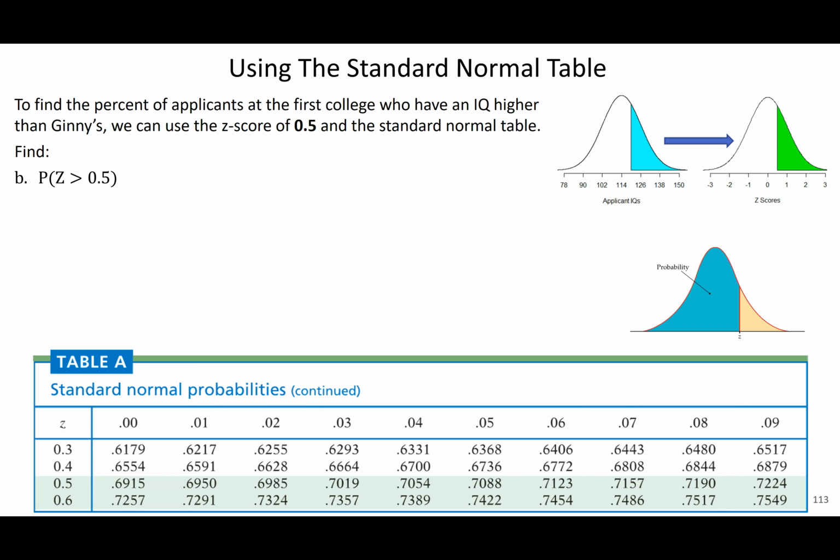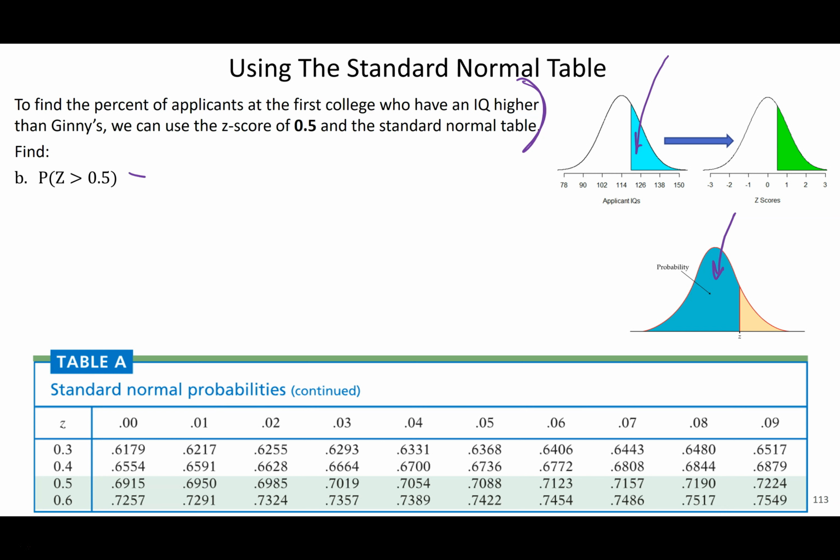So now if I want the percent of applicants who have an IQ higher than Ginny. Before I wanted this area, but now I want the area higher than. I'm a huge fan of shading in the areas I want, because you'll notice in these particular tables, they always give us area to the left. It's the blue shaded area that the tables give us.